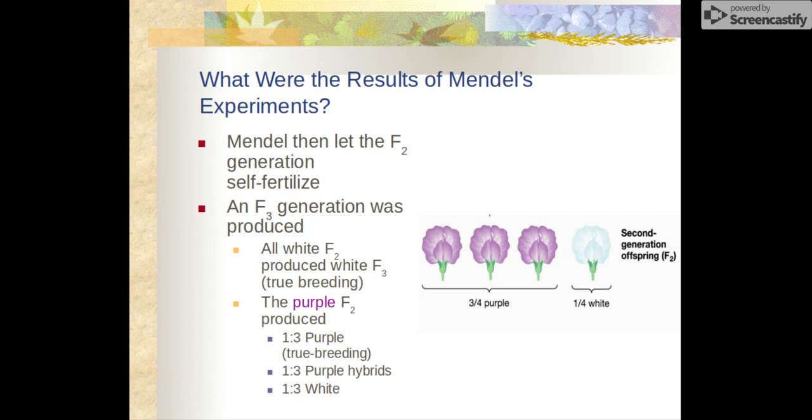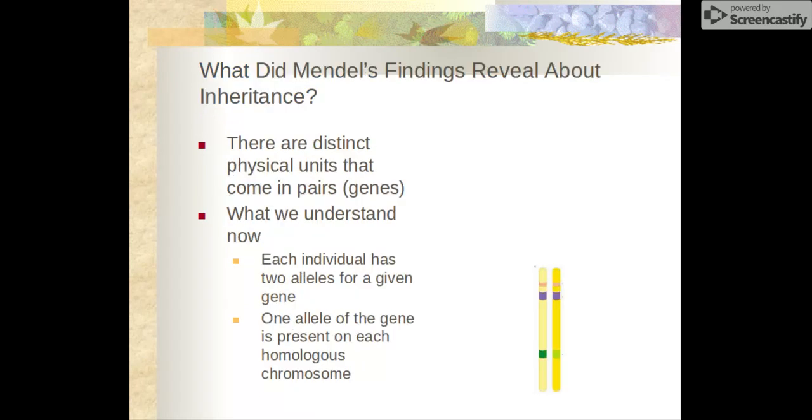He then made an F3 generation by self-fertilizing this F2 generation. All the white flowers produced more white flowers. They were true breeding. Some of the purple produced purple and white, but some of the purple, 1 out of the 3 of them, produced all purple flowers.